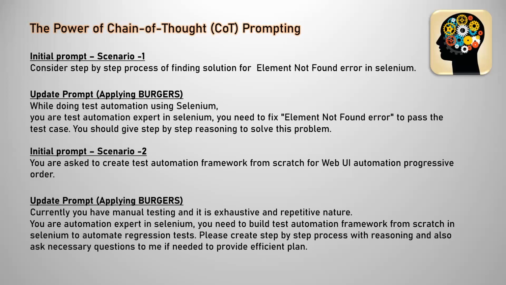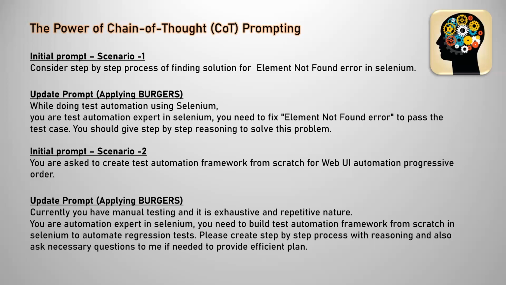The second one: you are asked to create a test automation framework from scratch for web UI automation, in progressive order. This is also a simple requirement any automation tester or manual tester might get. Again, we will improve the prompt by using the burgers. First, we give the background: currently you have manual testing, and it is exhaustive and repetitive in nature. Now you give the user: you are an automation expert in Selenium. Now the requirement: you need to build the test automation framework from scratch in Selenium.